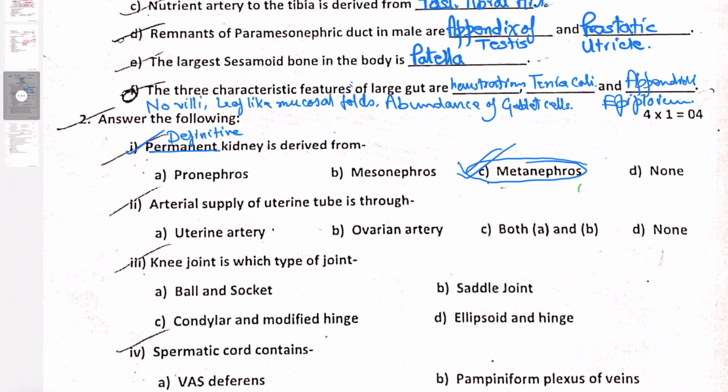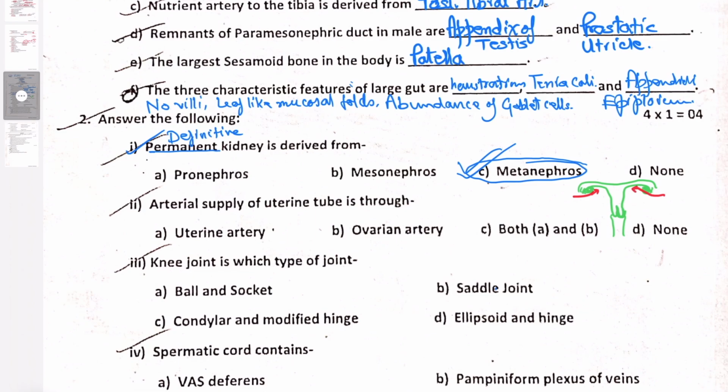I'm drawing it here so it becomes easy for you at the same time. The uterus is here, and here are the ovaries. The ovarian artery will reach here through the infundibulopelvic ligament, the infundibular portion, and will also supply the ovaries as well as the fallopian tubes.